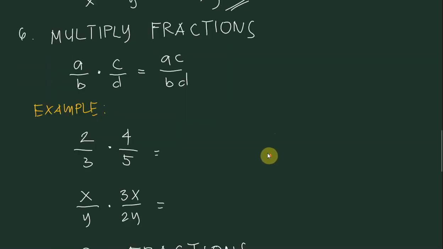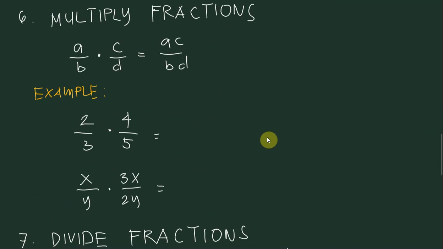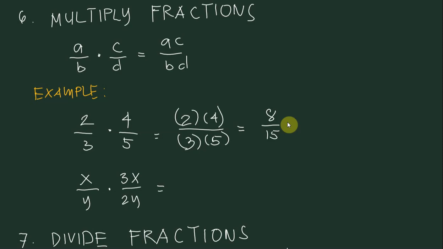Okay, so multiply fractions. Multiplying fractions is quite easy because you just multiply the numerators and the denominators directly. For example, you have 2 times 4 over 3 times 5. This will be 8 over 15.